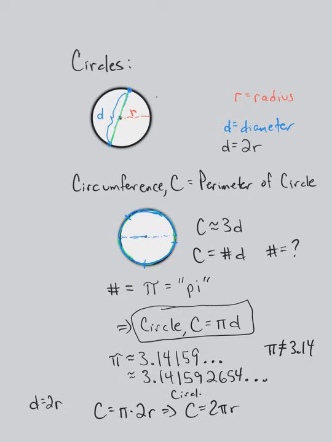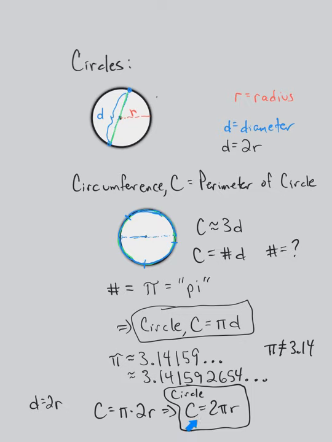So you can use either formula, and I would know them both because some problems will give you the radius, but some problems will give you the diameter. And so you want some versatility. If you're only going to try to memorize or know one, know this one right here. And then if the problem gives you the diameter, just remember to divide it by 2 to get the radius.